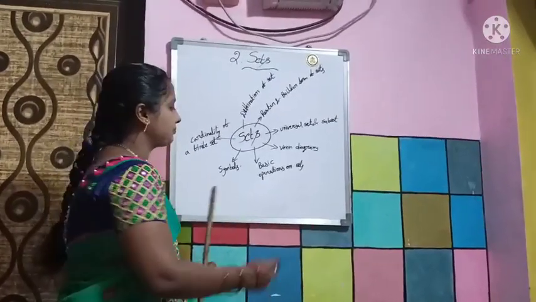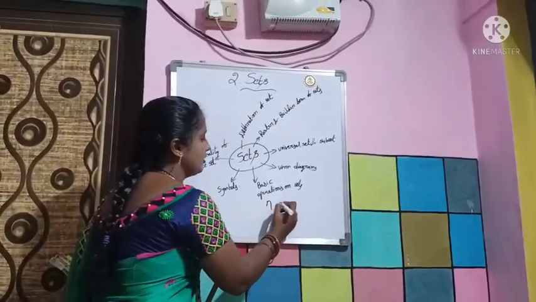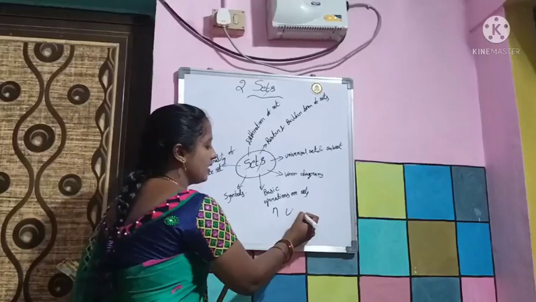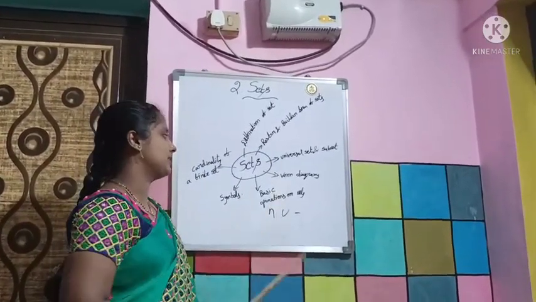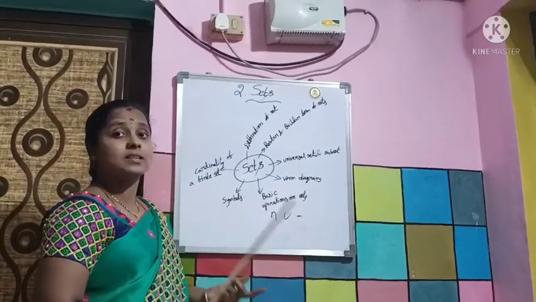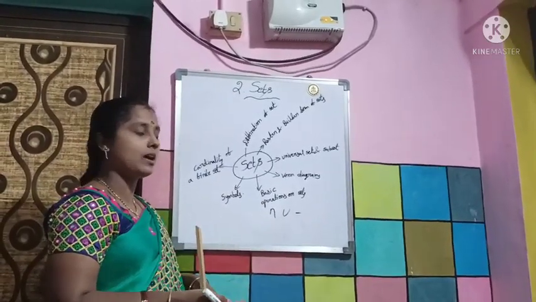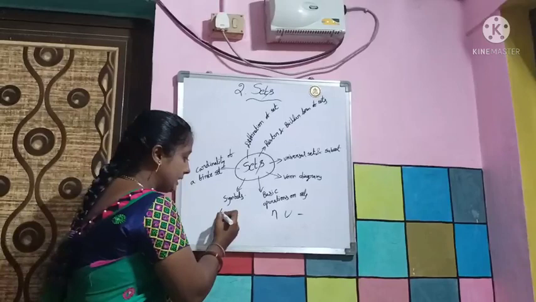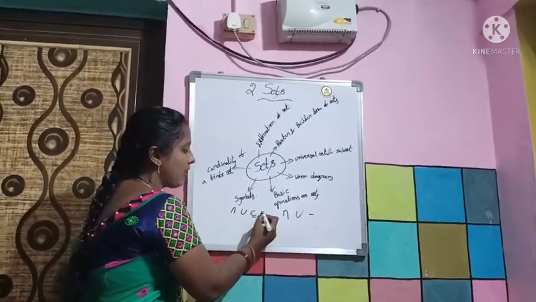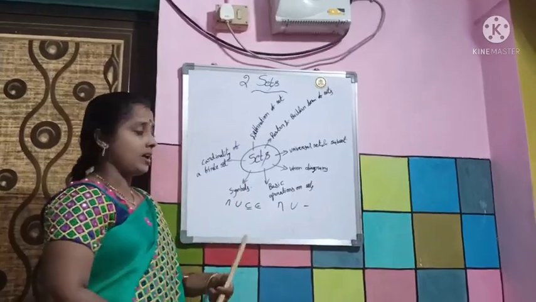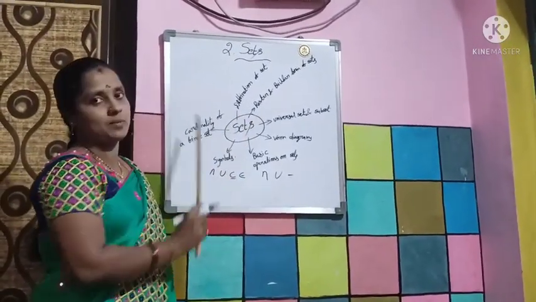Operation means intersection, union, minus. These are the operations of sets. Next, symbols. Symbols means we pronounce the intersection, union, subset, belongs. These are the symbols of the sets chapter.